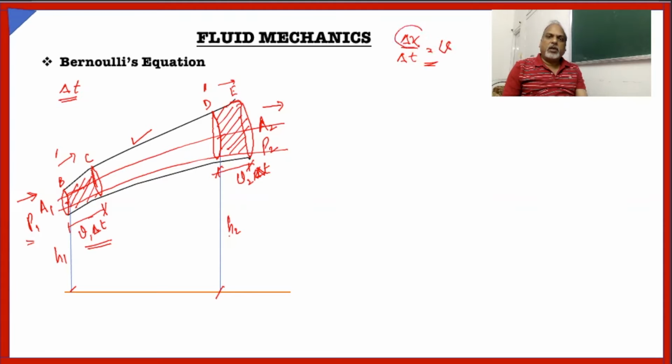So this is the distance we are talking about, V1 delta T and V2 delta T.